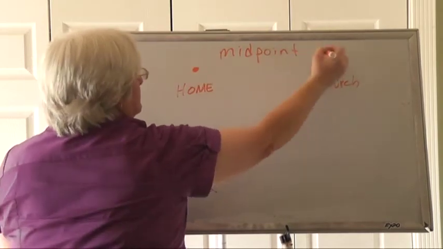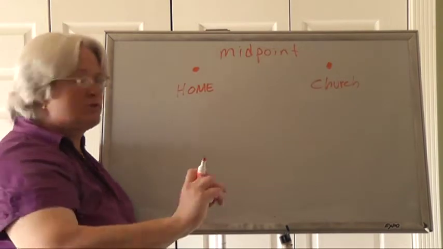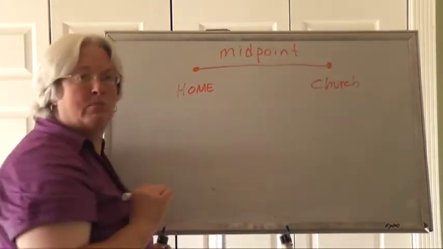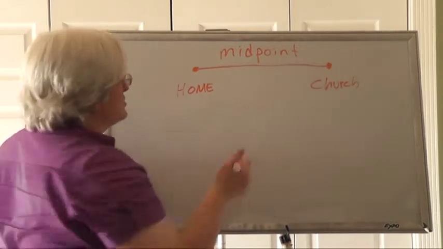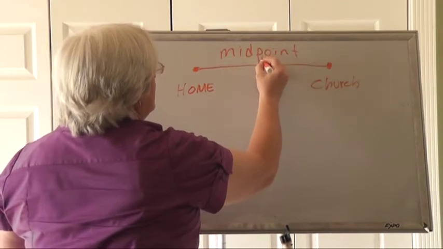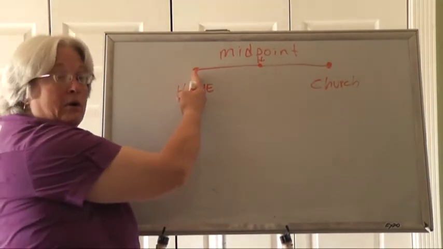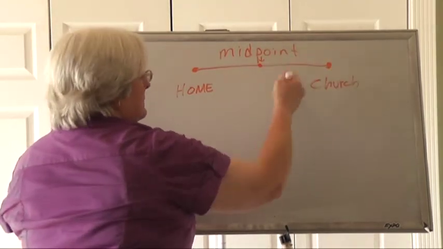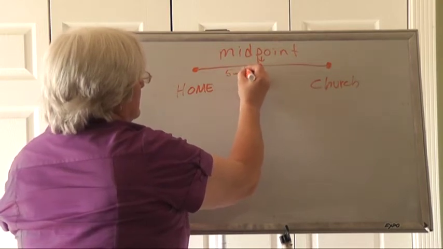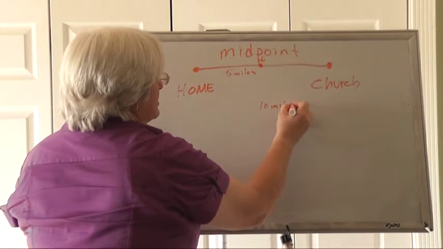Here's home, and here's church. And this is the path that you travel to get from home to church. What do you think midpoint is? Well, sure. Midpoint is the middle point between the beginning, or the start, and the ending. So that, let's just say that it's 10 miles from your home to church.